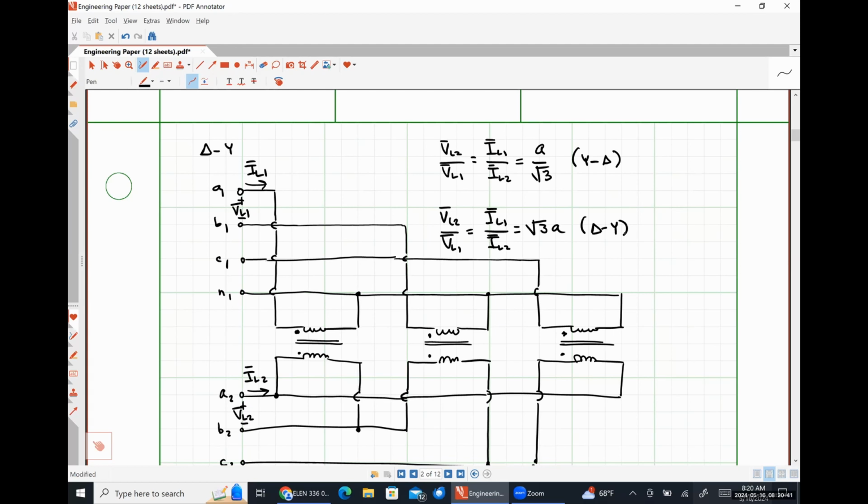So a transformer is a transformer. There's nothing on there that's explicitly marking primary windings or secondary windings. It's just whichever set is on the source side, we typically refer to as the primary. Whichever set is on the load side, we refer to as the secondary. But a transformer is just a transformer. It's literally just coils of wire wrapped around a ferromagnetic core.